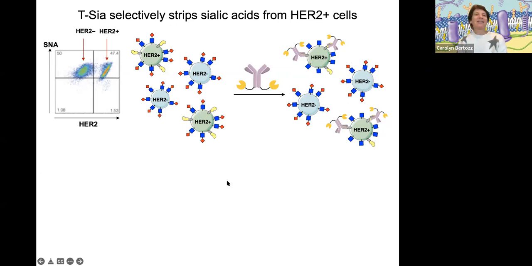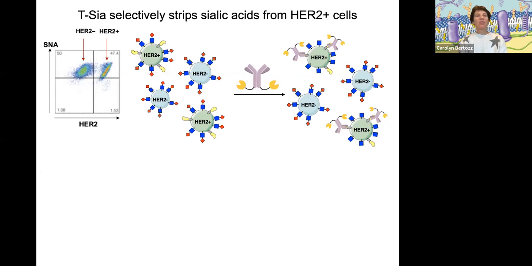So to test the selectivity of this reagent, what Melissa did is she set up reactions where she had mixed together cells that were HER2 negative and HER2 positive in the same tube, both cell types having roughly the same amount of cell surface sialic acid. And we can quantify the sialic acids by staining our cells with a lectin called SNA, and then analyzing them by flow cytometry.